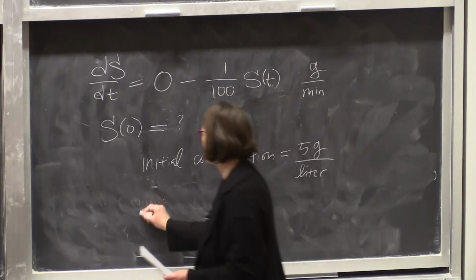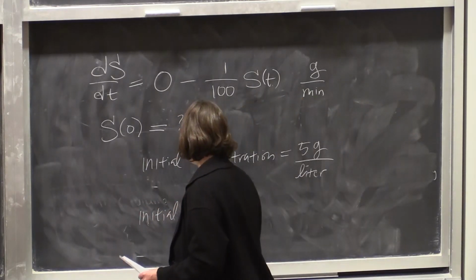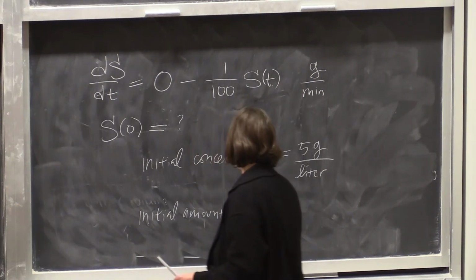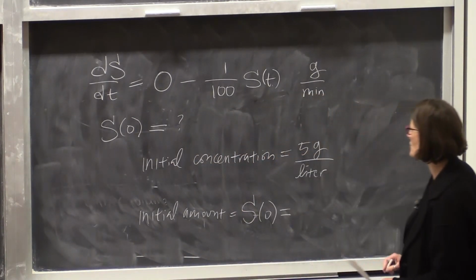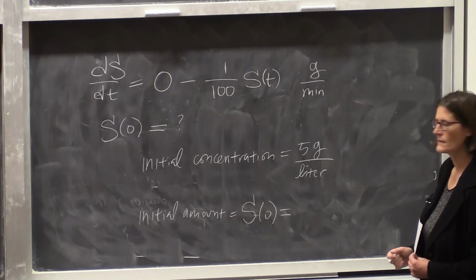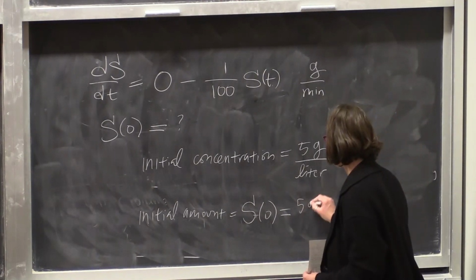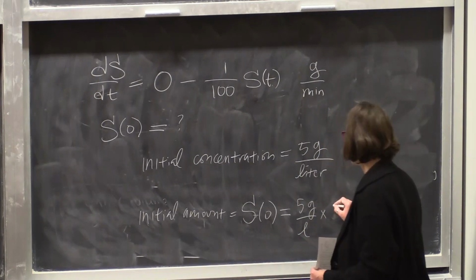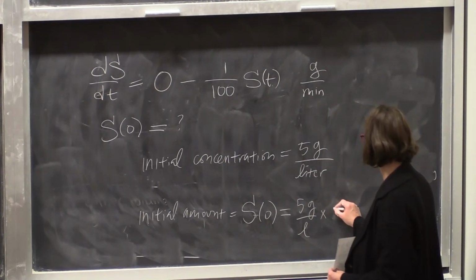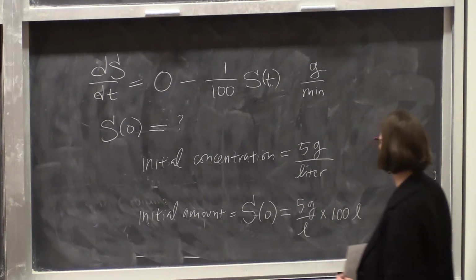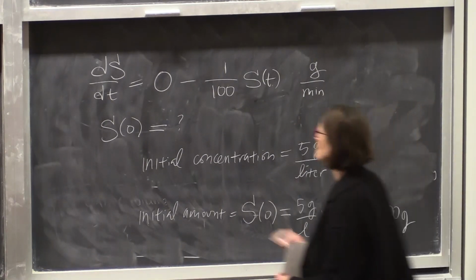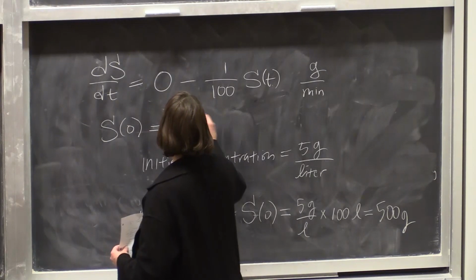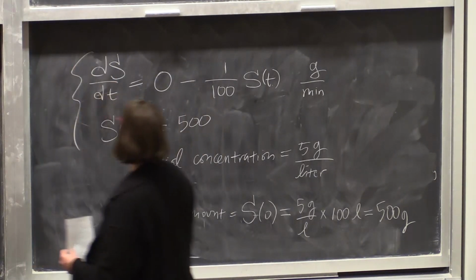I need the initial amount, which is S of 0, which is in terms of grams. So I need 5 grams per liter times the volume, which is 100 liters, is 500 grams. So this is the problem I need to solve.